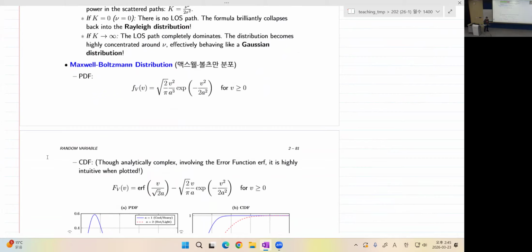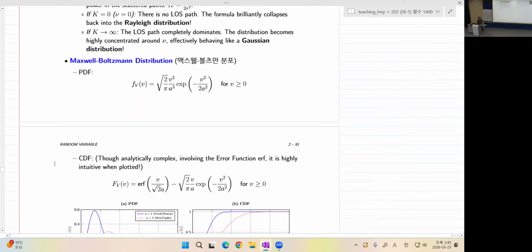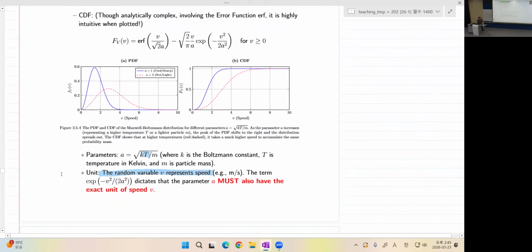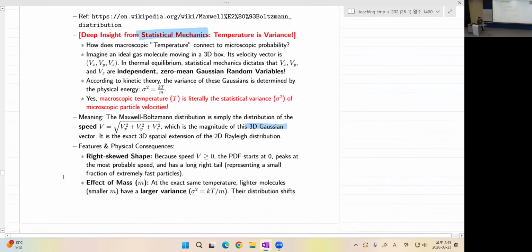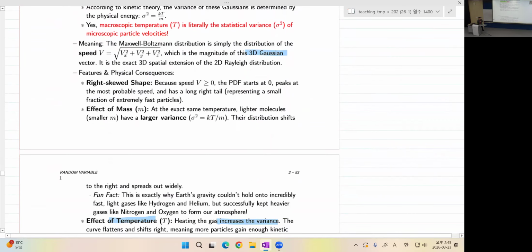And Boltzmann, oh, I really hated the introduction to mechanical engineering and other physics-related thermodynamics. And actually, these Rayleigh and Maxwell-Boltzmann distributions all turn out to be related to the Gaussian distribution. And the Gaussian distribution is very familiar to me now, at least. And we will see what it is.